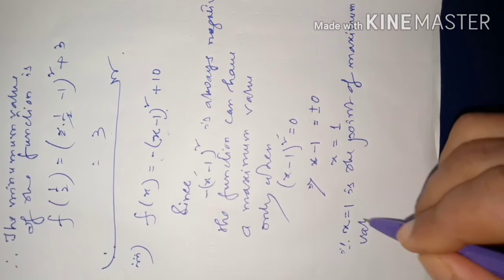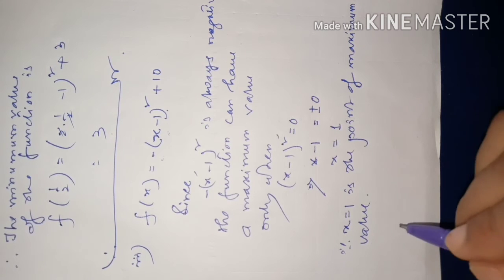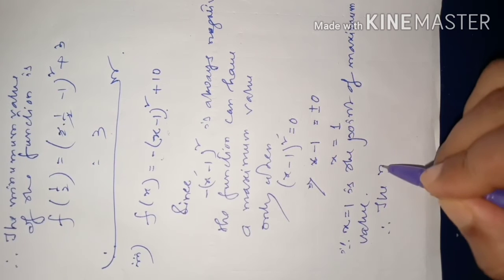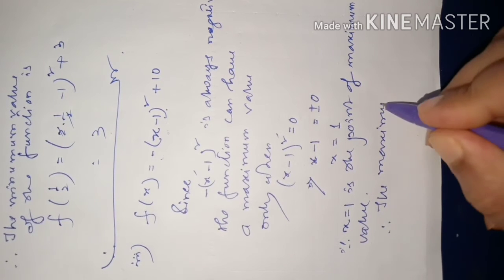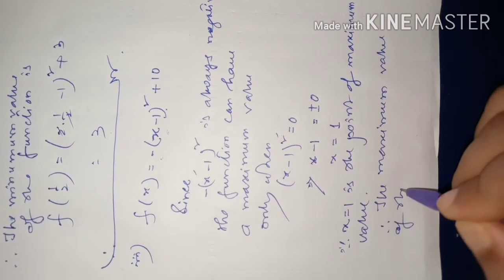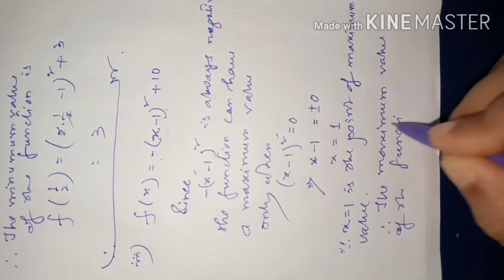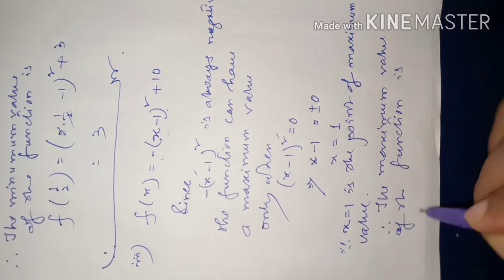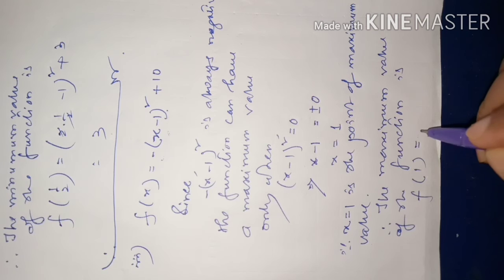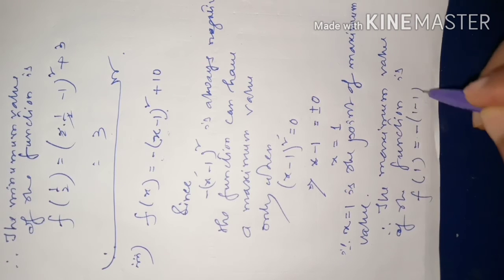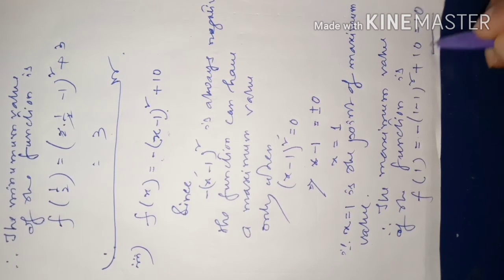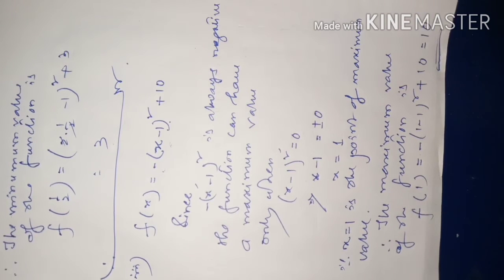Therefore, the maximum value of the function is f of 1. So that will be equal to, since this will be 0, 1 minus 1 the whole square plus 10. That means it is equal to 10. This is the answer. 10 is the maximum value of the function.